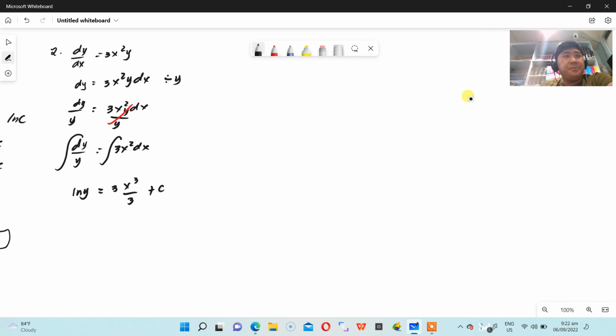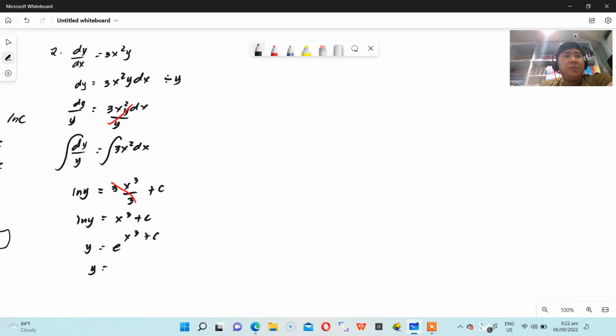So, from here, we could cancel this out. 3 divided by 3 is 1. So, what remains is ln y equals x cubed plus c. So, from here, the option is y. Therefore, y is equivalent to e raised to the power of x cubed plus c.